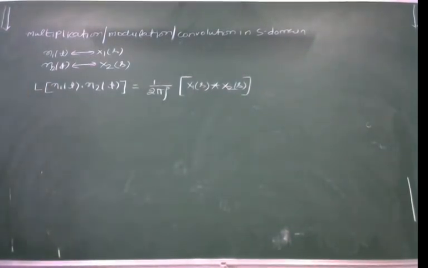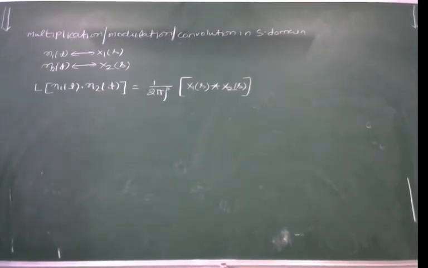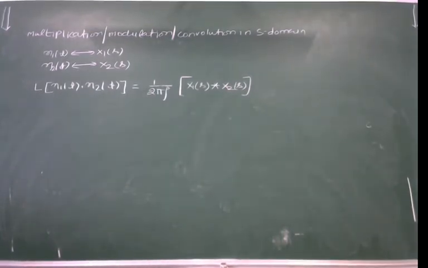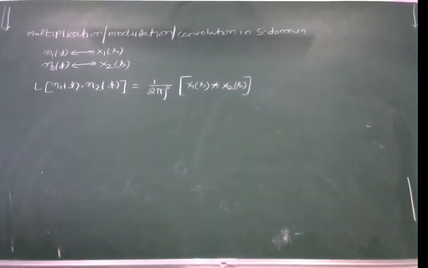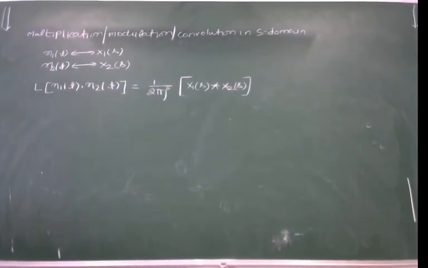If the Laplace transform of x1(t) is X1(s), and the Laplace transform of x2(t) is X2(s), then the Laplace transform of x1(t) into x2(t) will be equal to 1 by 2 pi j X1(s) convolution with X2(s).